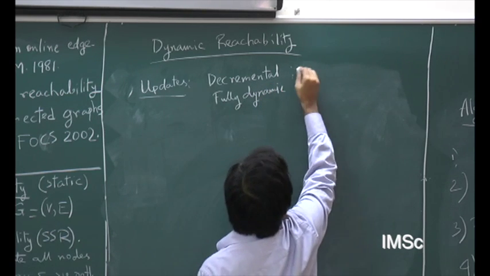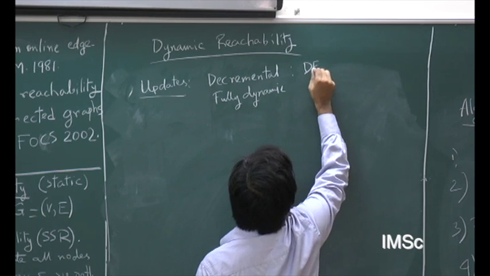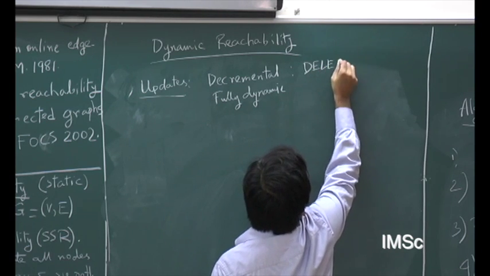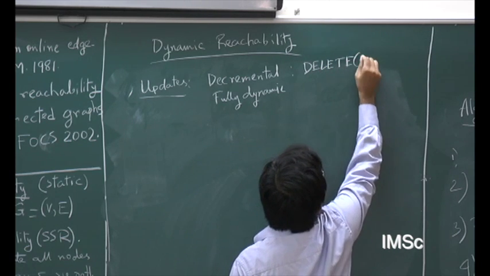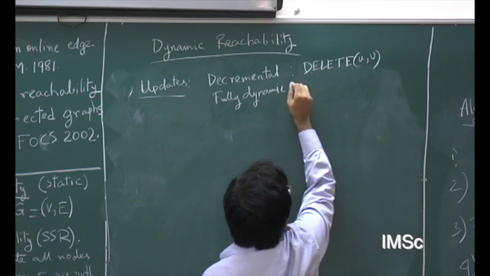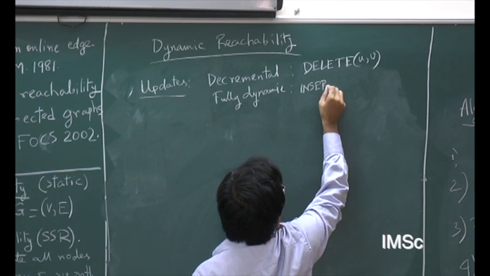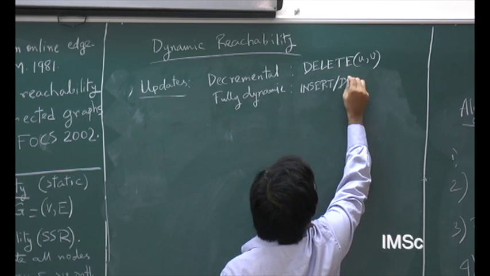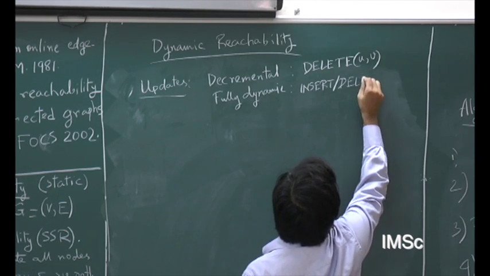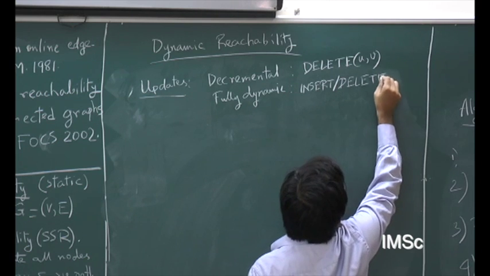In the decremental setting, the update is simply delete an edge. In the fully dynamic setting, the update is either insert or delete an edge.